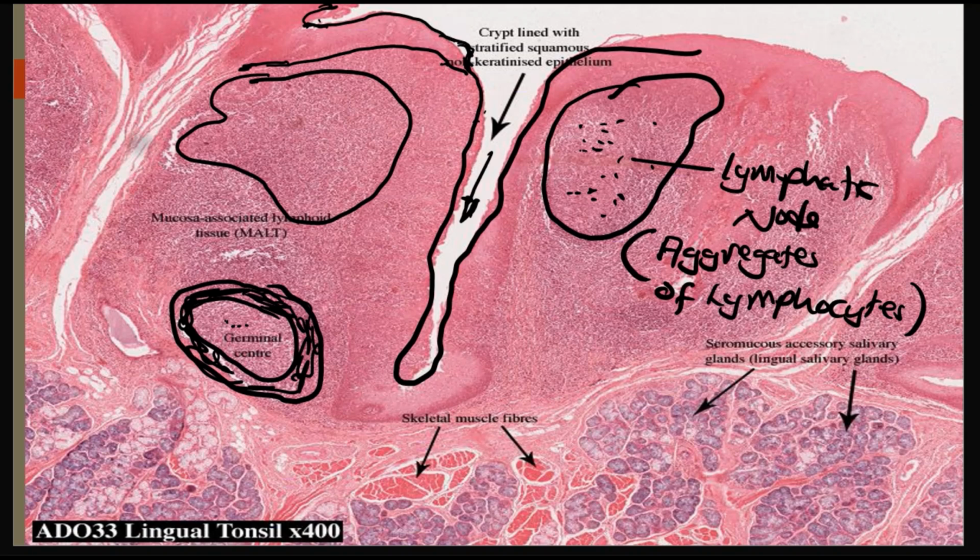That's why some lymphatic nodules have a dark peripheral zone and a central zone that is light, called the germinal center, meaning that the peripheral zone has non-dividing lymphocytes, and the germinal center has dividing lymphocytes.